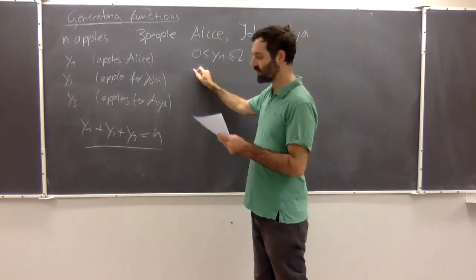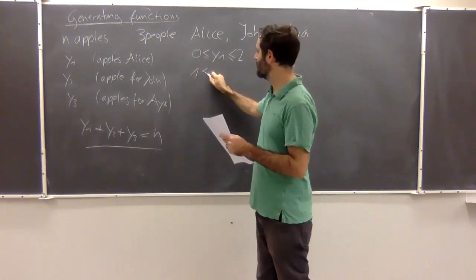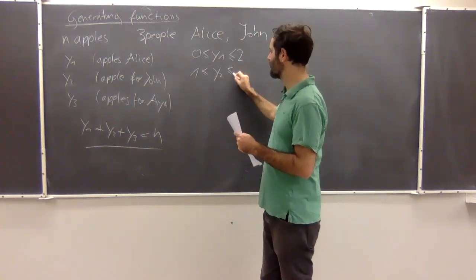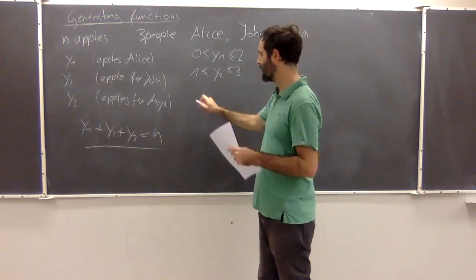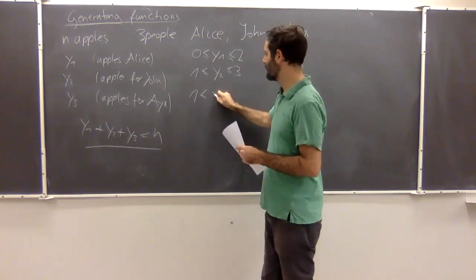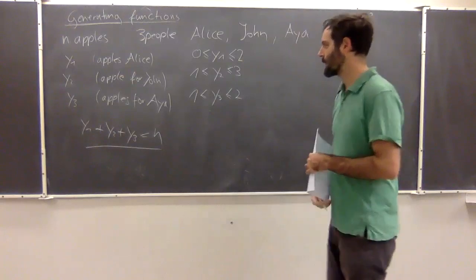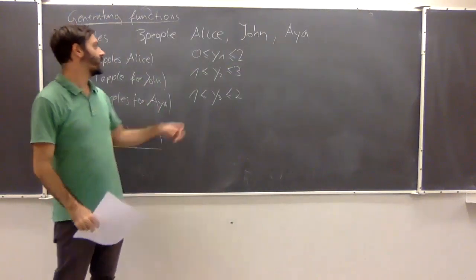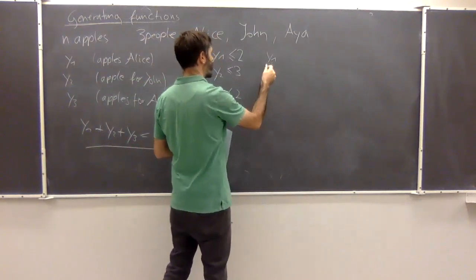Then John says, let me see the next one. John wants at least 1 apple, and not more than 3. And finally, Aya wants 1 or 3 apples. Could write it like this. And now you're not looking for arbitrary numbers anymore, but you're looking for integers in between constraints.